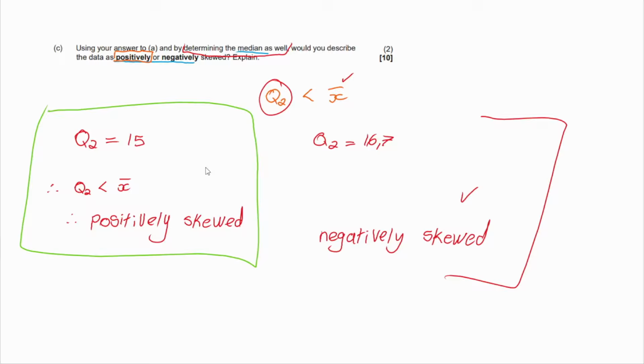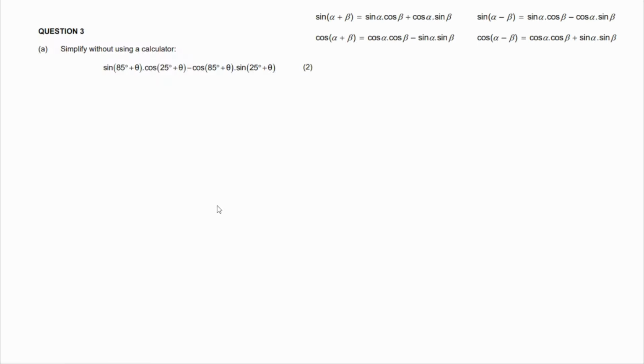For question 3, we need to simplify this trig expression over here without using a calculator. We need to realize that we're going to have to use one of these identities, because if you look at this, it's in the form of sine times cos minus cos times sine.